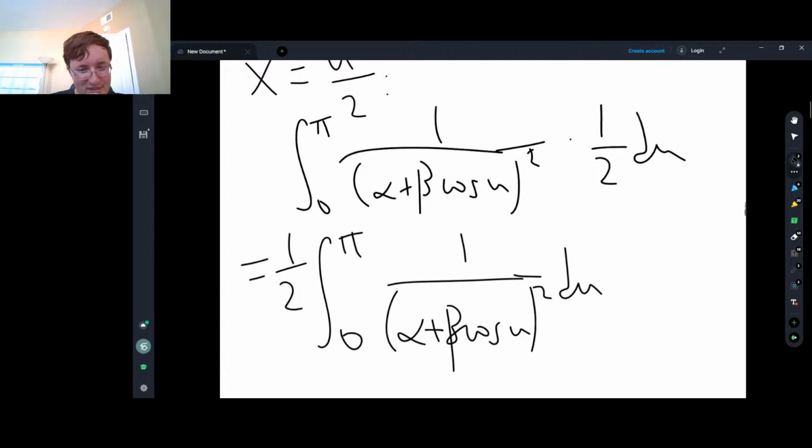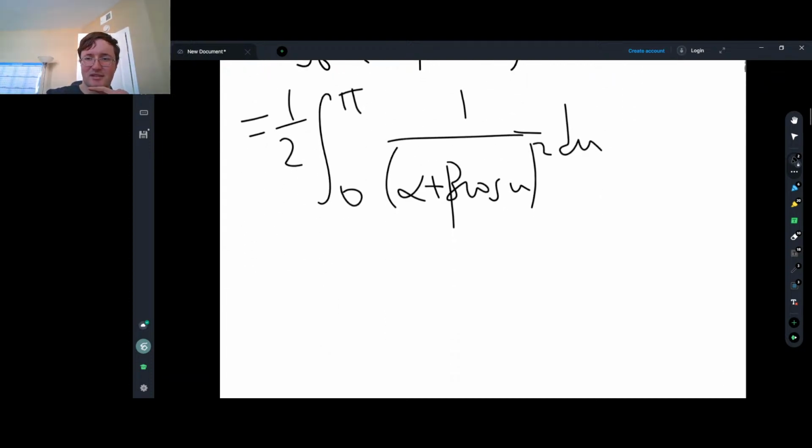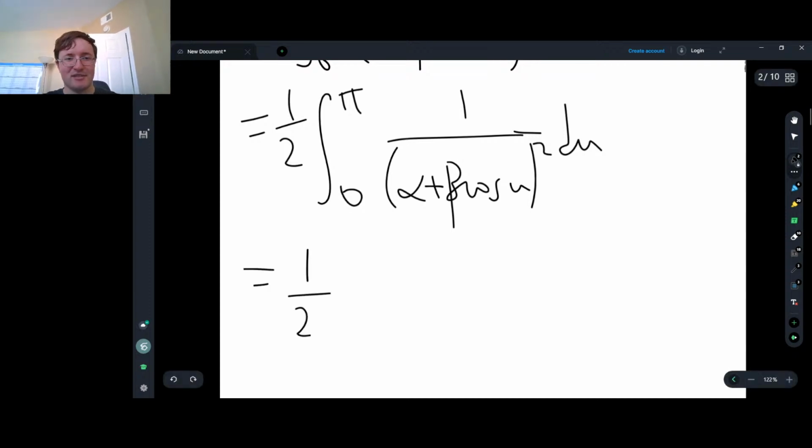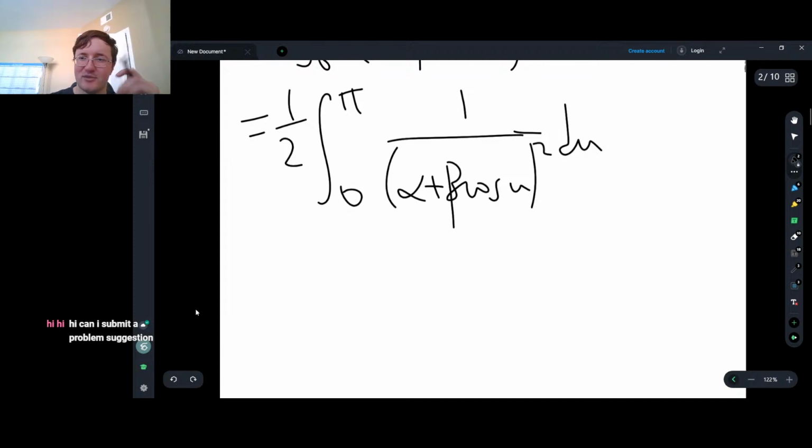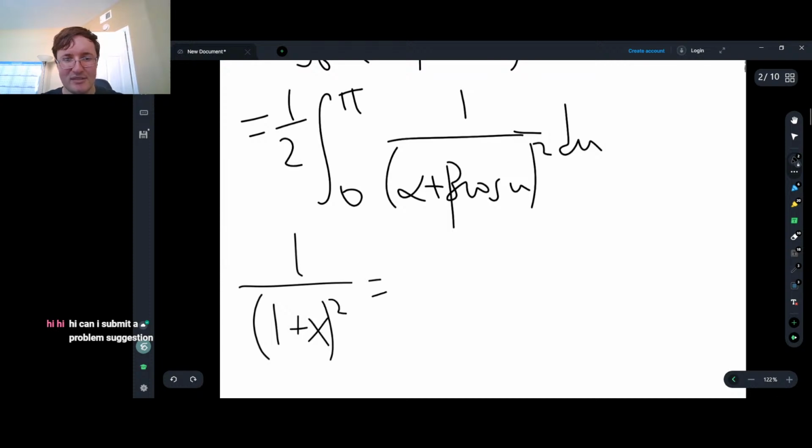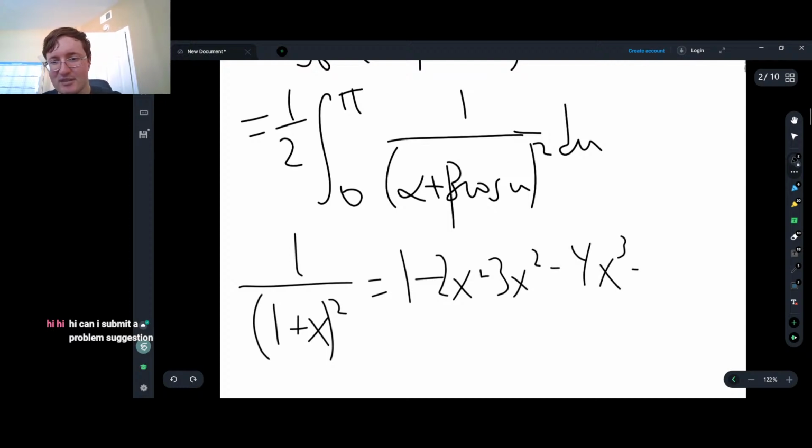Maybe that's more complicated than necessary, but do I want to do that? Oh, I think I know what to do. I'm going to write it as, well, not quite a geometric series, but, so let me erase this. 1 over (1 plus x) squared is 1 minus 2x plus 3x squared minus 4x cubed, and so on.